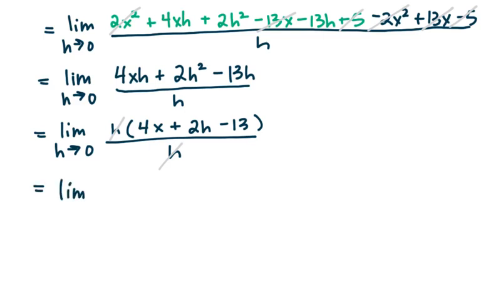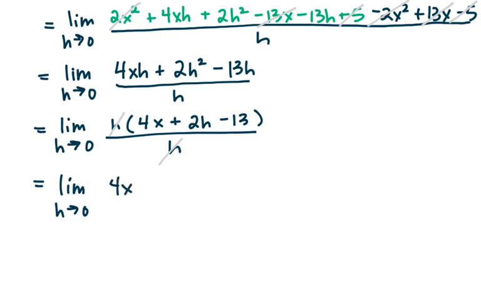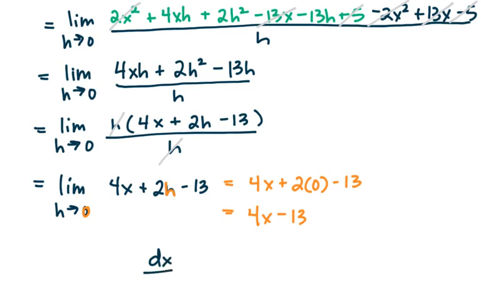I have the limit as h approaches 0 of 4x plus 2h minus 13. At this point, I can plug 0 in for my h, and I have 4x plus 2 times 0 minus 13, or 4x minus 13. So the derivative of y with respect to x is 4x minus 13.